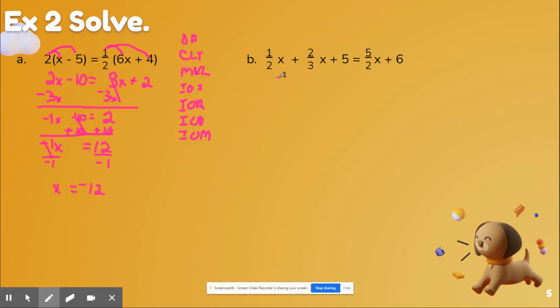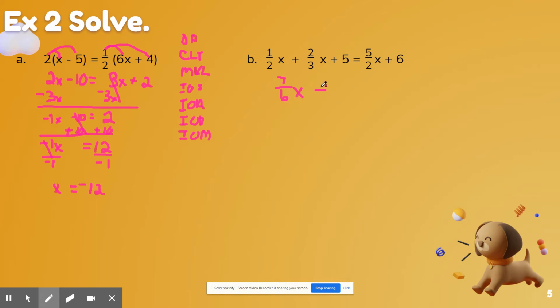So 7 over 6, the x comes with it. Plus 5 drops down. It's equal to 5/2 x plus 6 drops down. Then I want to move the variable left, so I'm going to subtract 5/2 x.